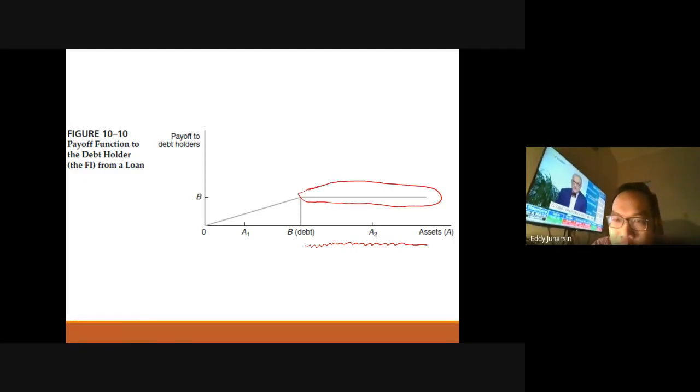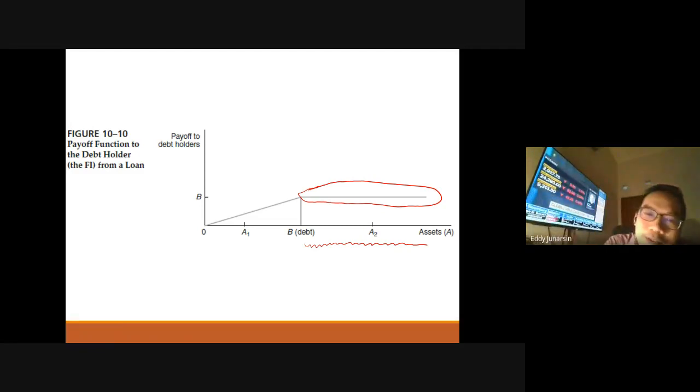Only the promised amount, right? You lend out money to this company, and this company is doing well. What will you get? Only the repayment from the company, right? Nothing more, right? But if the company's assets are going down, the company will say goodbye, right? The company will just abandon, and we might get nothing, right?